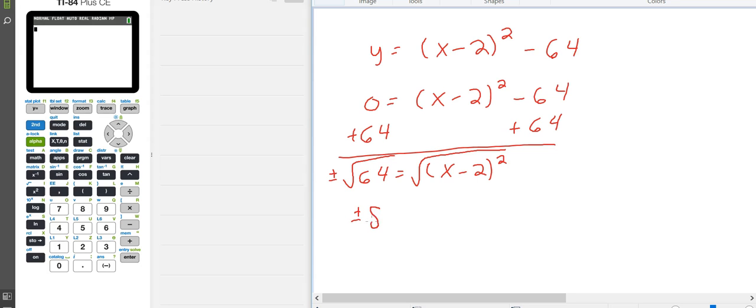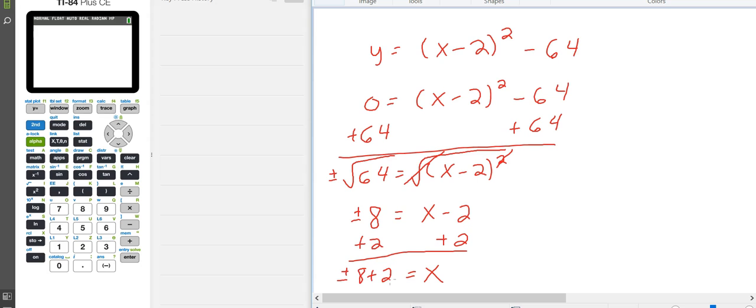So plus or minus 8 is equal to, whenever we have the square root of something being squared, they cancel each other out. So we're left on this side with x minus 2. Now to get x totally alone, we just add 2 and add 2. So what is x equal to? x is equal to positive or negative 8 plus 2.